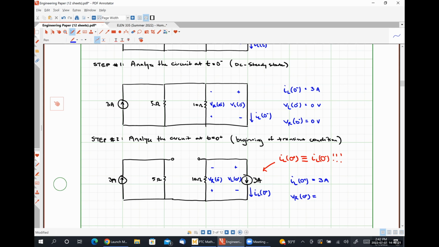So what should VR at 0 plus be? 30 volts. Thank you, Catherine. I'm going to assume that you got that result using Ohm's law. Simply 10 ohms times 3 amps is equal to 30 volts.